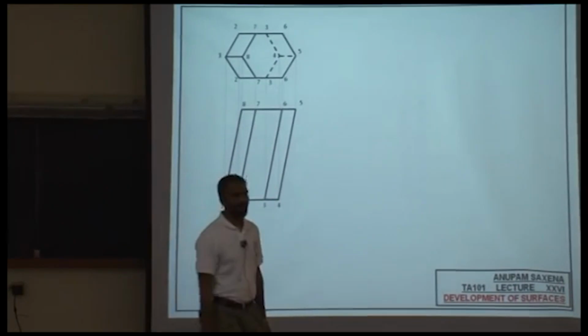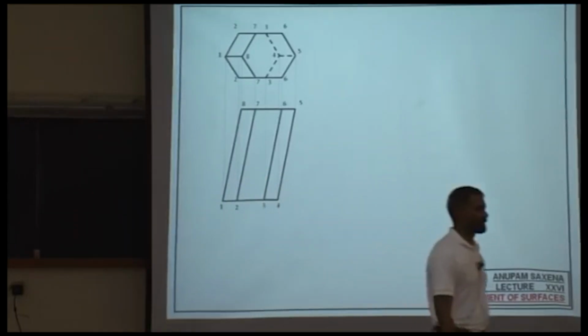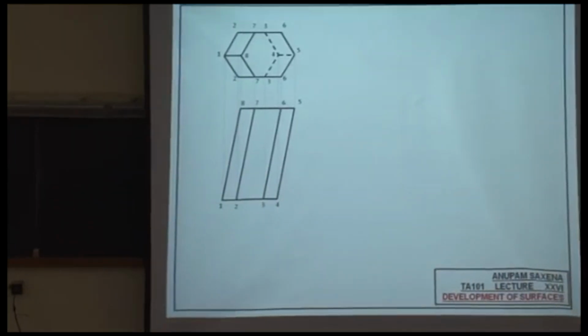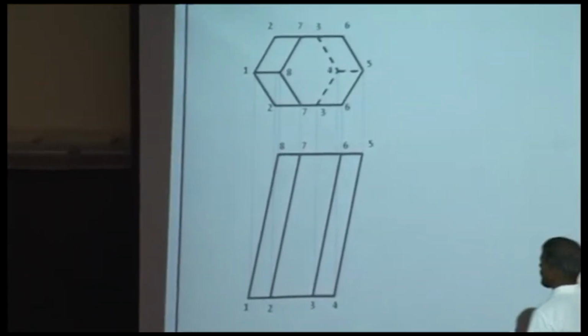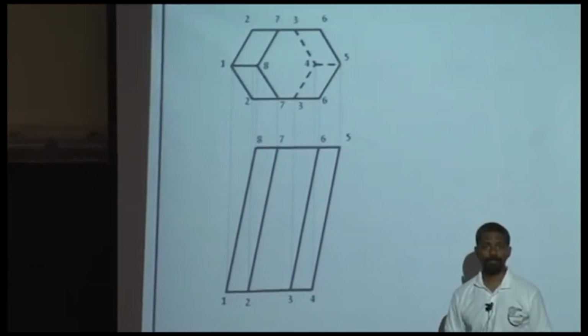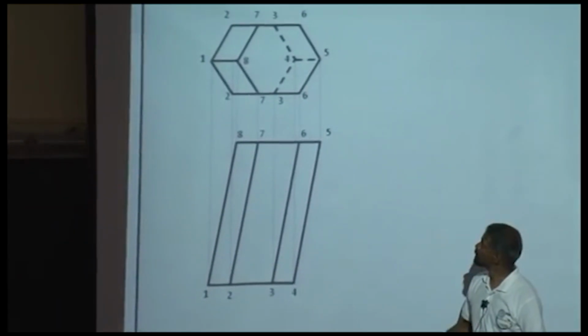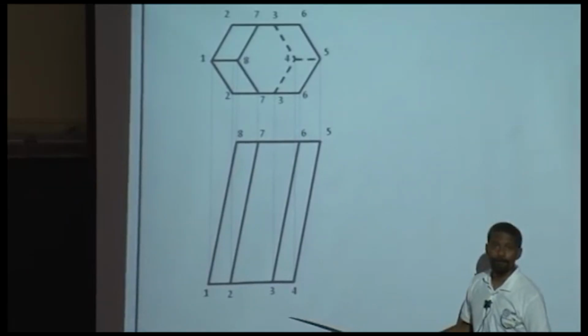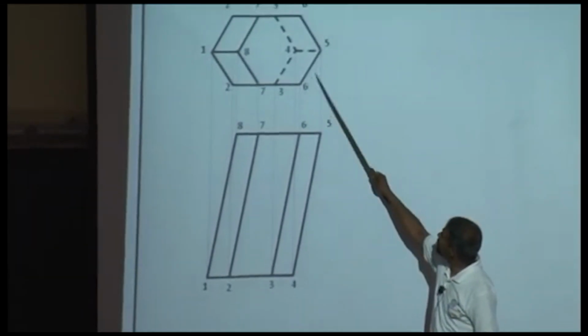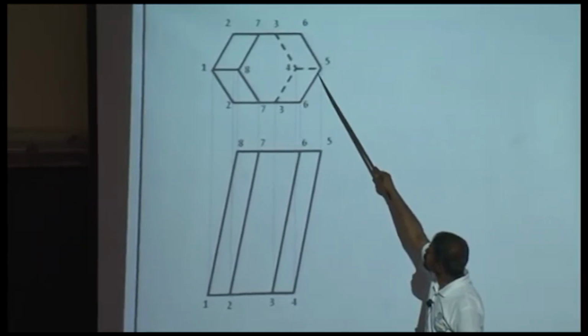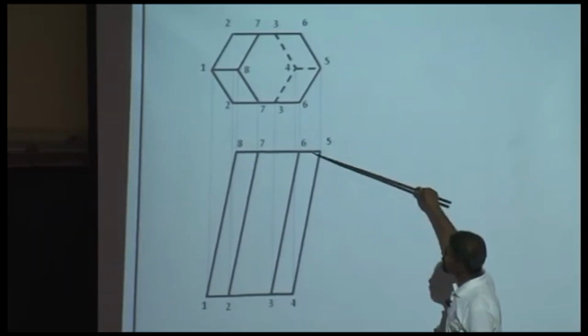Can you identify edges in true length? If so, which ones are those? 6, 5. So this is in true length because this projection is horizontal.